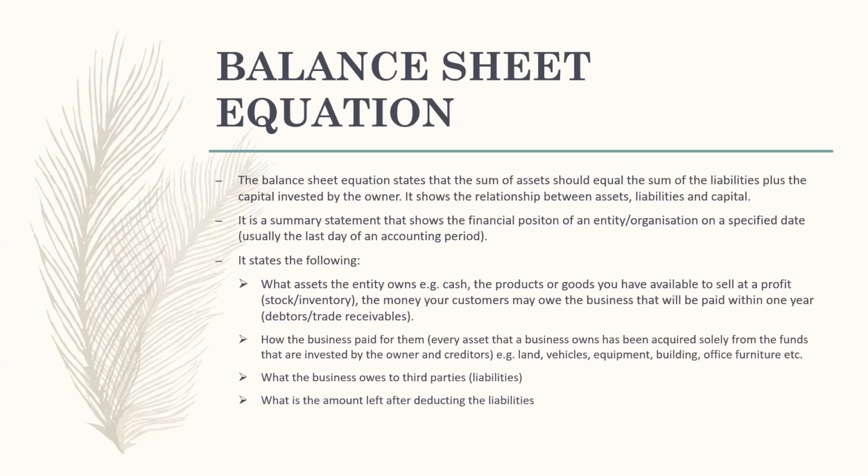Of course, you would have known that from the accounting equation we did the last day, where I indicated to you the equation is assets equals liabilities add owner's equity.